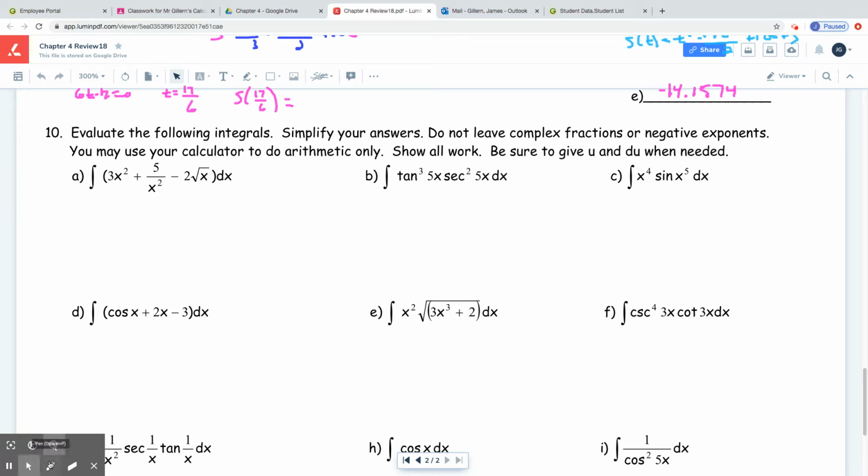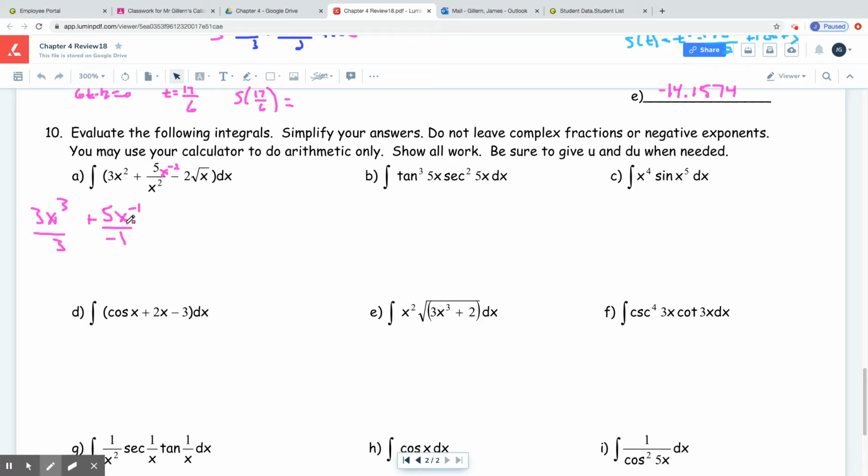So to do this integral, now all of this is going to be substitution. Here we're just going to find the integral of each individual one. So we get 3x cubed over 3. Move this up top, it's really the same thing as 5x to the negative second, which is 5x to the negative first over negative 1.